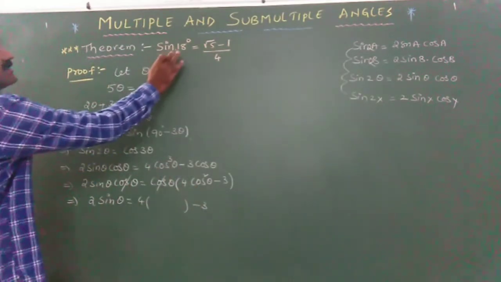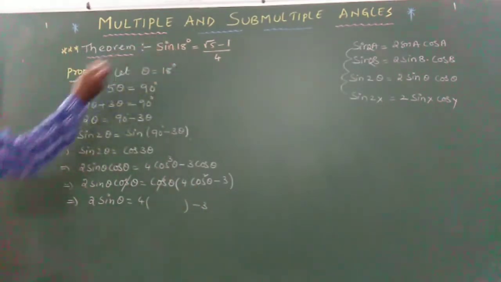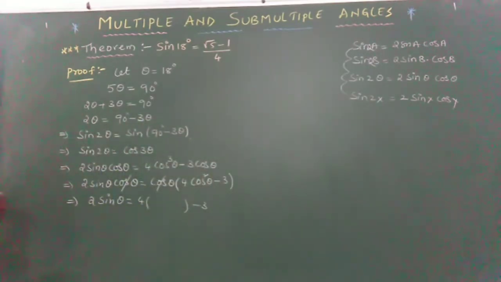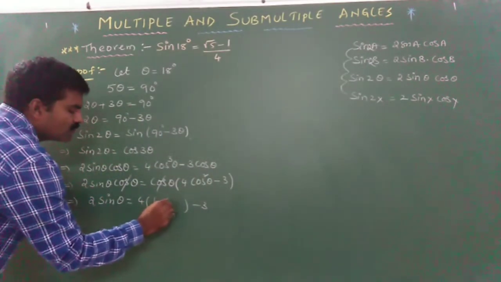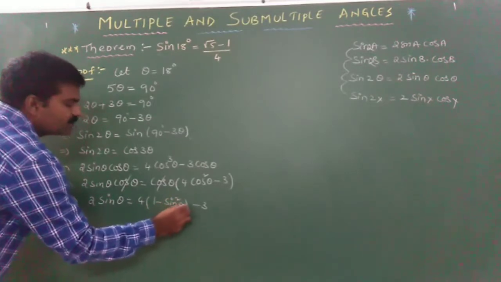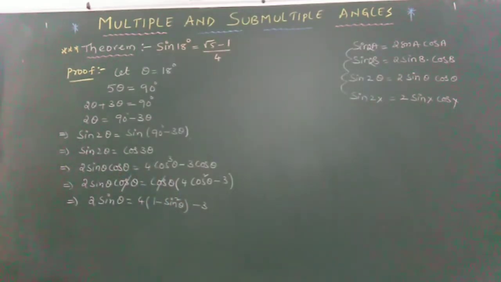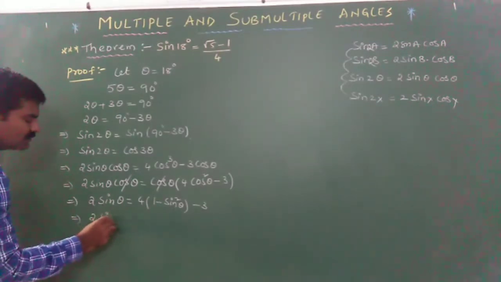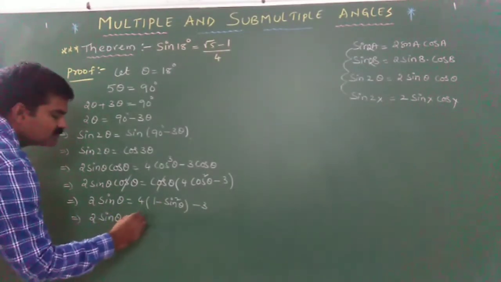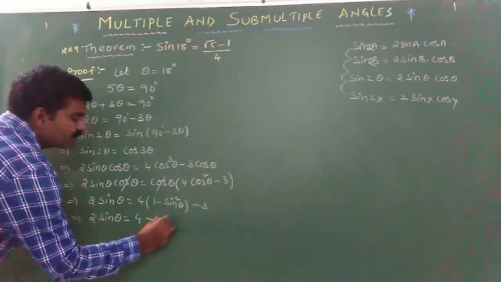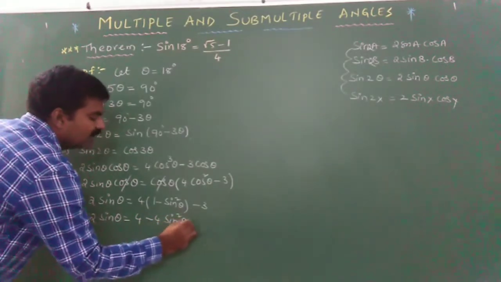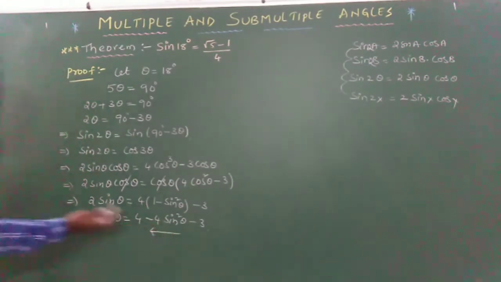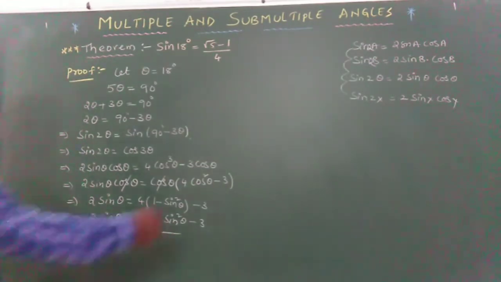Since we want to find the sine of a certain angle, let us convert everything in terms of sine only. So cos square theta we can write as 1 minus sine square theta, and this is 2 sine theta equal to 4 minus 4 sine square theta minus 3. Better bring all these terms to this side.